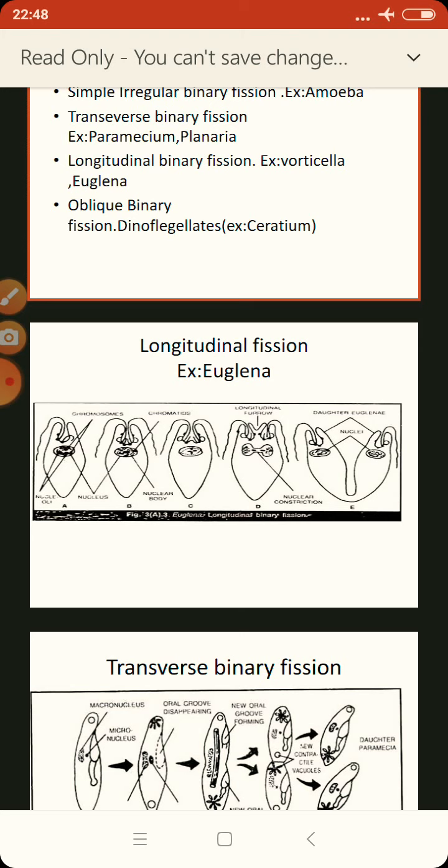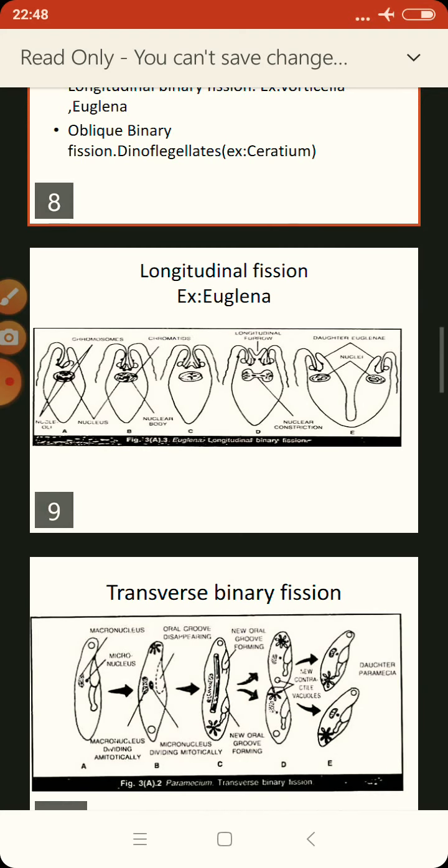Now this is Euglena. Here, flagellates are those organisms which possess flagella. The flagellum is retained usually by one daughter cell. The basal granule is divided into two, and the new basal granule forms a flagellum in the other daughter individual. So when we see Euglena dividing into two, the flagella also have to be divided into two.